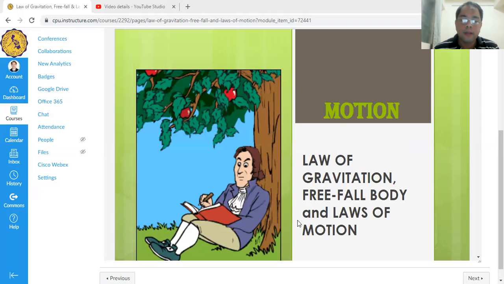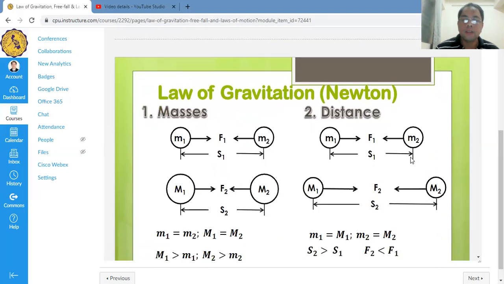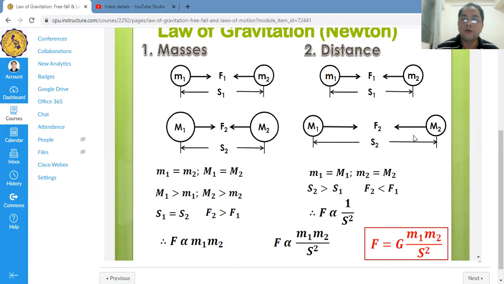And as we know, Isaac Newton formulated a lot of these laws, including the laws of motion, which is covered by three laws, and including the law of gravitation. So this morning we'll try to understand them as we discuss it. We are now on motion. So let's start with the law of gravitation.